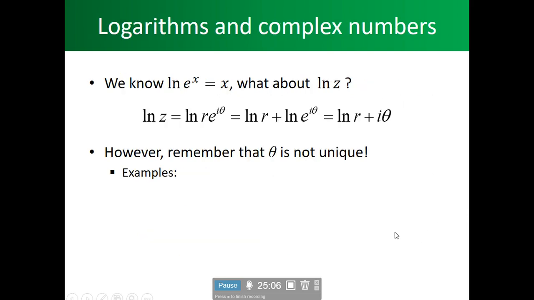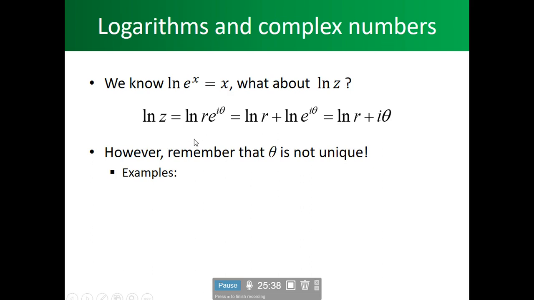The next one we want to move to, we know that the natural log of an exponential of x is equal to x. What about the log of z? The natural log of z, you can do the same thing. When you have the natural log of z, you have the absolute value times e to the i theta.